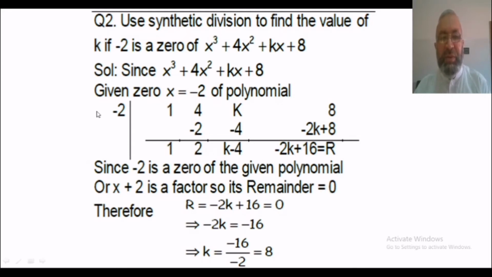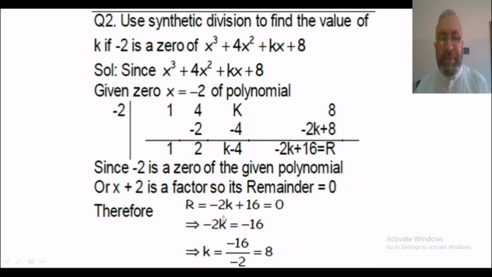Because −2 is a root of this equation, then x = −2, transferring −2 to the left side, becomes x + 2. That is, x + 2 is a factor of the given polynomial. If x + 2 is a factor, then its remainder should be 0. Therefore we put the last term, the remainder, equal to 0.